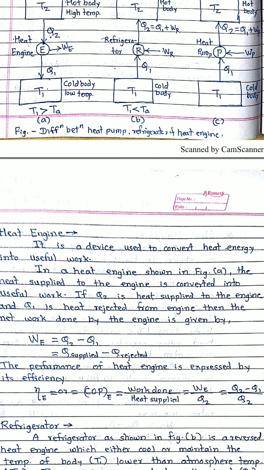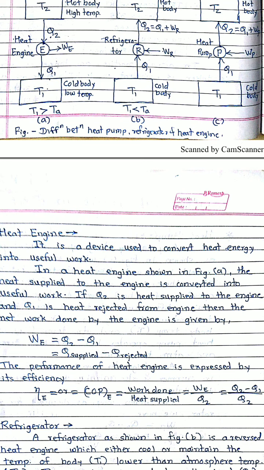Therefore the performance of an engine is expressed by the efficiency. How is the efficiency calculated? Heat supplied minus heat rejected divided by heat supplied, or work done by the engine divided by heat supplied. Work done is Q2 minus Q1, divided by heat supplied, which is Q2.